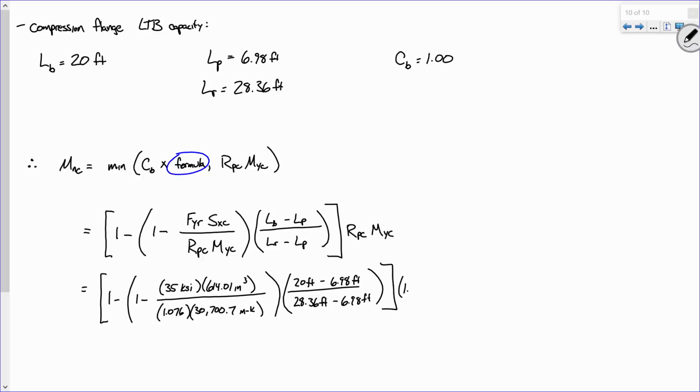And then 1.076 times, since I want my answer in foot kips, 2558.4 foot kips. And I should put LTB. I should change that up here as well, MNC for LTB.